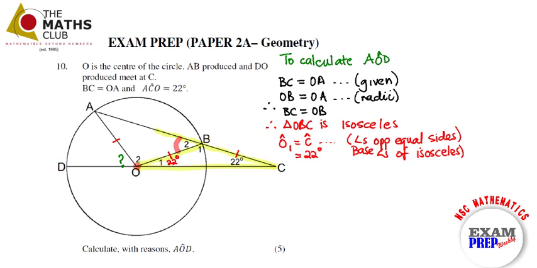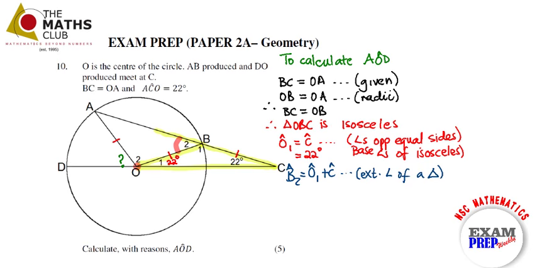And therefore, I can write that B2 is equal to O1 plus angle C. And the reason is obvious, exterior angle of a triangle. So it's equal to the opposite interior angles.